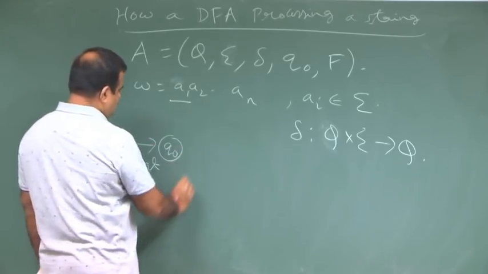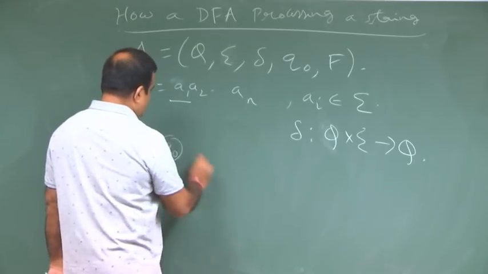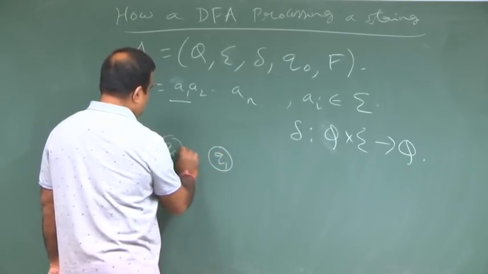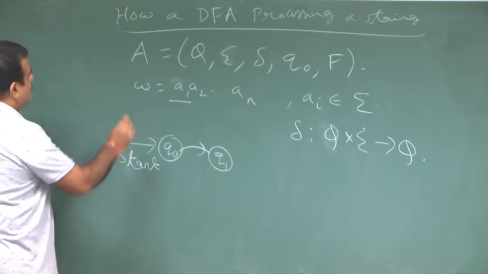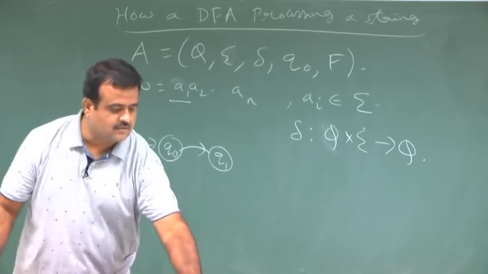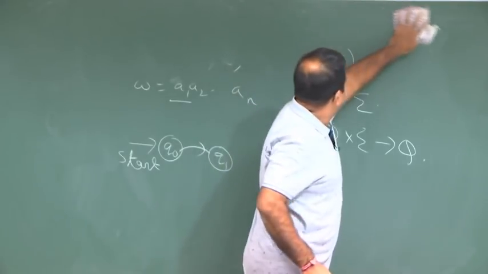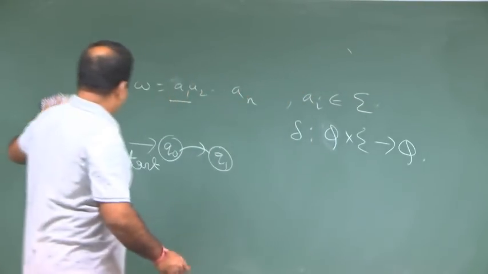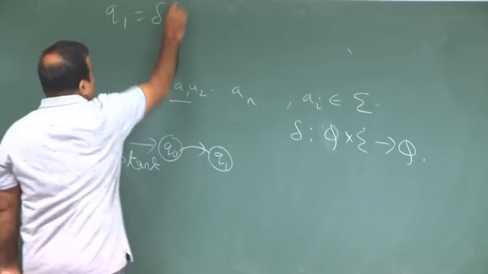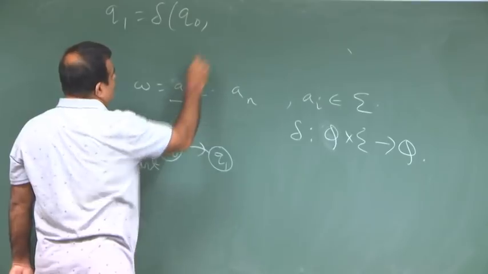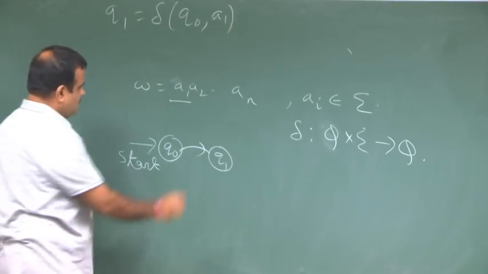So, reading A1 takes us to some other state, say q1. We start with q0 and our first alphabet is A1, so we go to q1.